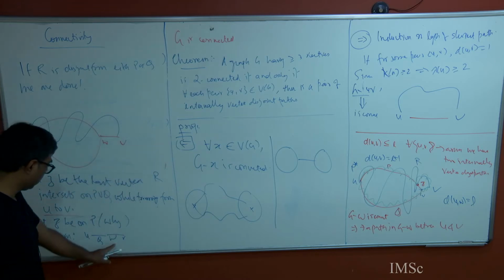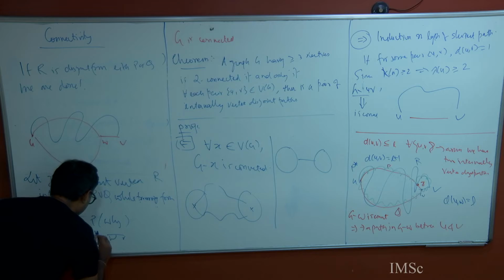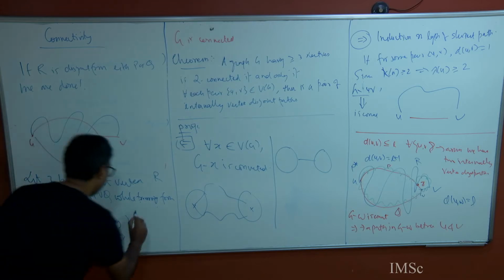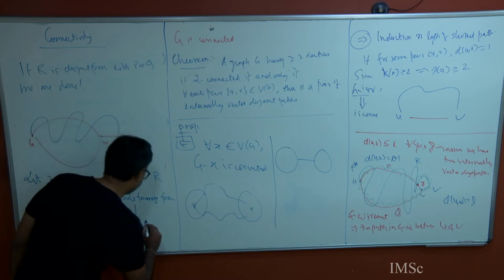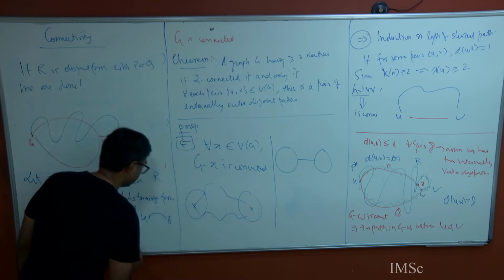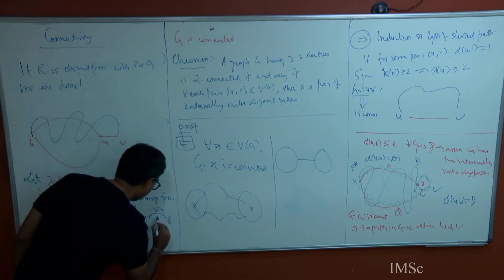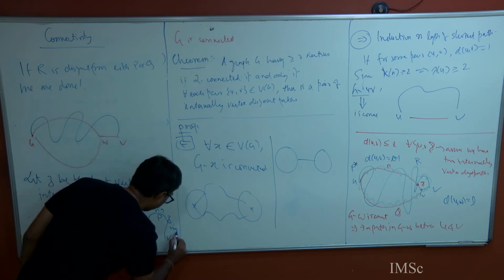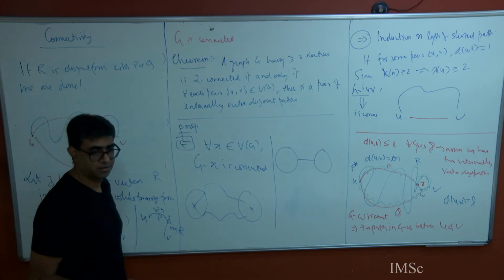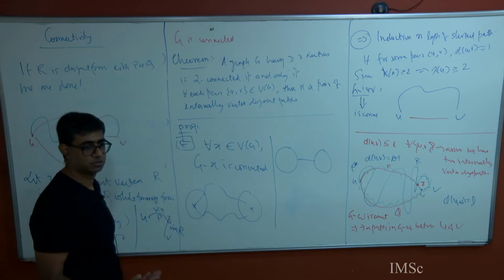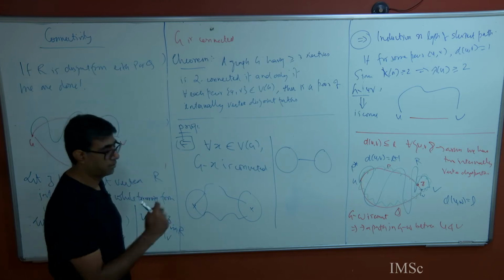And the other path is: you take u to Z via P and from Z to v via R. Then that is it, because this portion does not intersect either P or Q. So we have shown it.